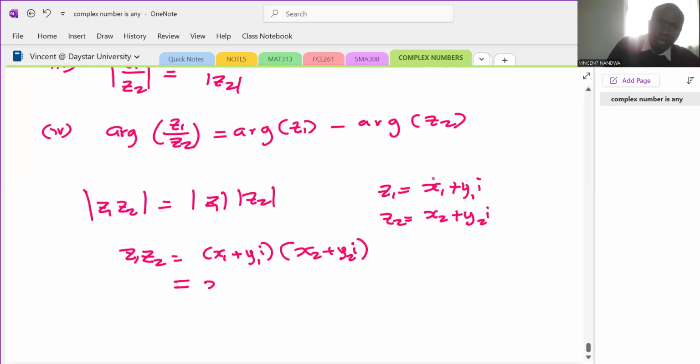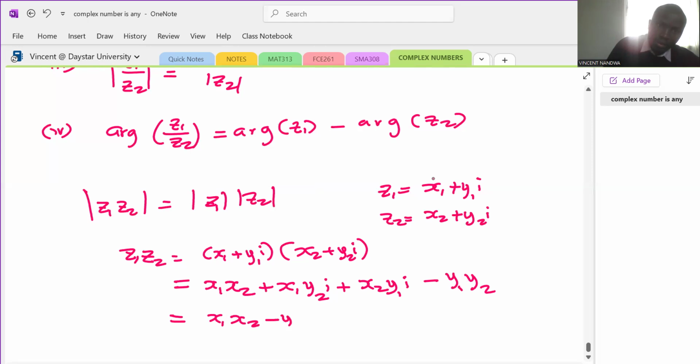So this will give us x1 x2 plus x1 y2 i plus x2 y1 i minus y1 y2, because i squared is minus 1. Which will give me (x1 x2 minus y1 y2) plus (x1 y2 plus x2 y1) i.